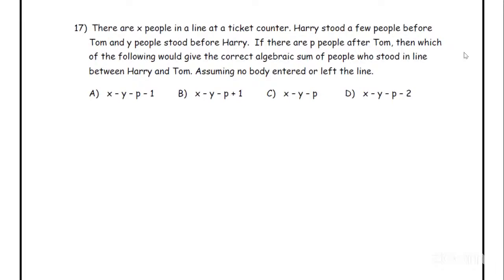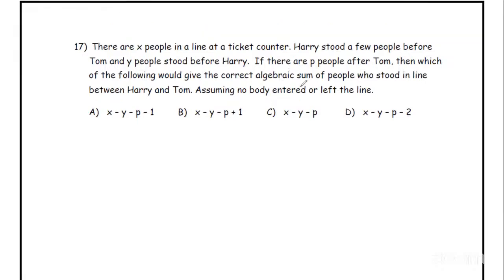There are X people in a line at a ticket counter. Harry stood a few people before Tom. So there are a few people out here, and he stood a few people before Tom.